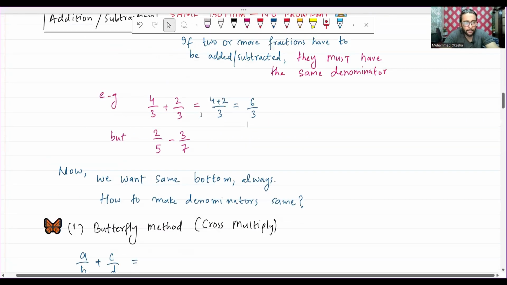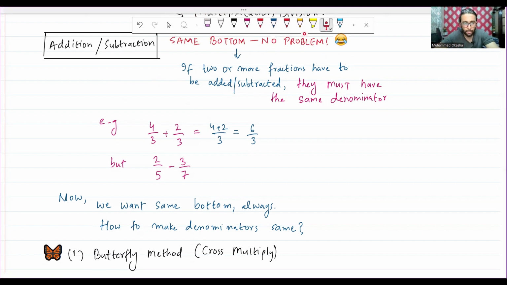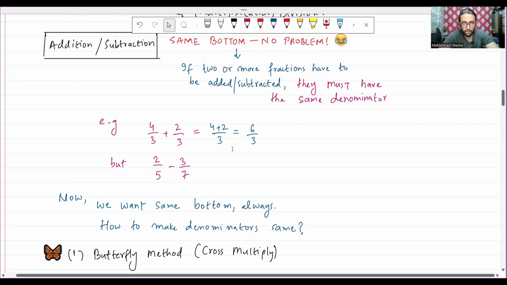Over here, now, I cannot solve this directly, because the denominators are different. You see, one of the denominators is 5, the other denominator is 7, which are quite different from each other. So I cannot solve it directly. How can we solve it? We'll talk about it.